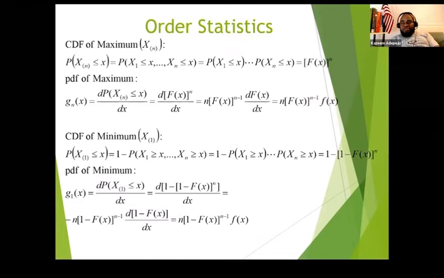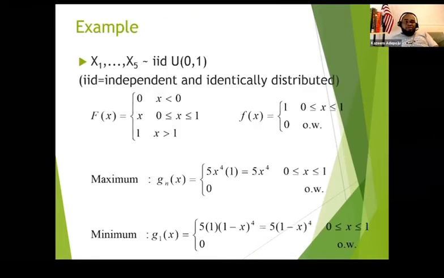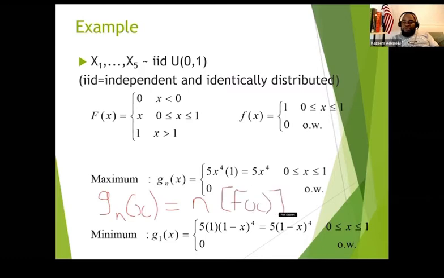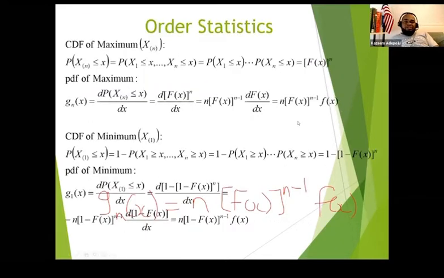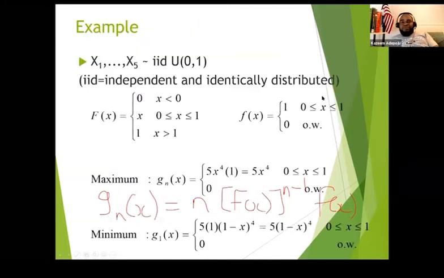Of course, I'm actually using the gn of x, which is equal to n times f of x raised to power n minus 1, times f of x, going by what we derived the other time as the PDF of the maximum.